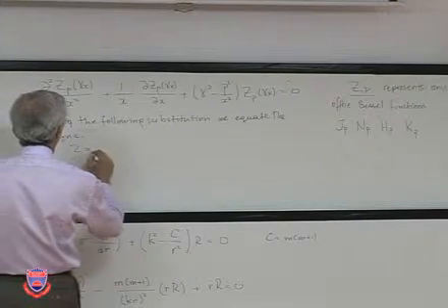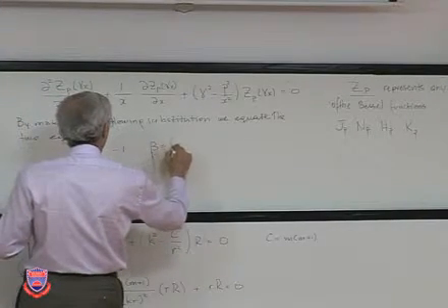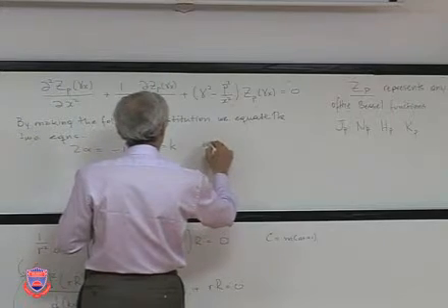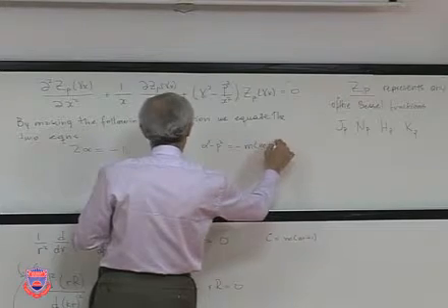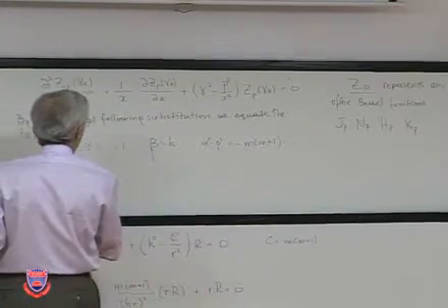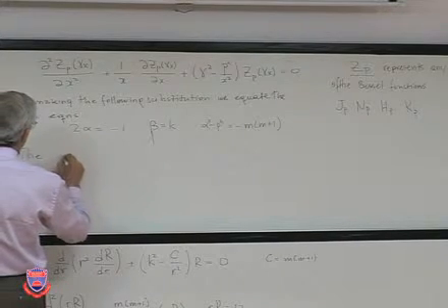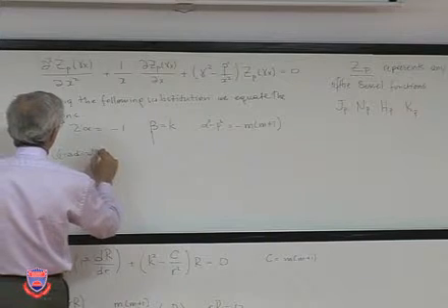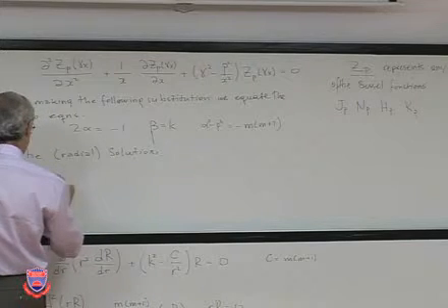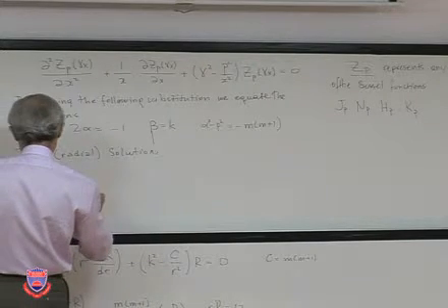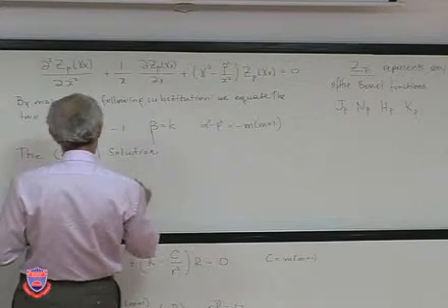So 2 alpha is set to -1, beta is set to k, alpha squared minus b squared is minus m1. Then the radial solution is the following. This is where the functions come in. E times, let's see now.